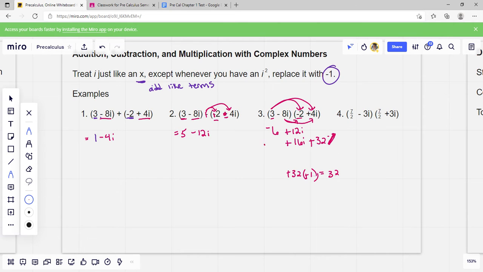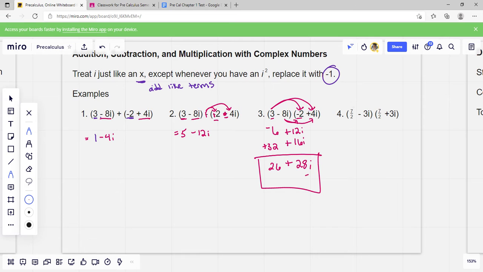Okay, so I'm going to write it over here and erase it from that other side. Now I'm just going to add this up. So I have negative 6 and positive 32, and that's going to be, let's see, 32 minus 6 would be 26, plus 12 and 16 would be 28i. And there's the answer to that one.